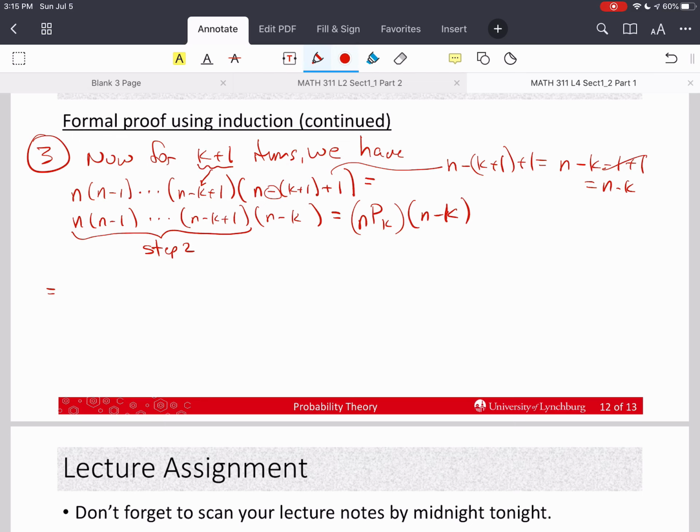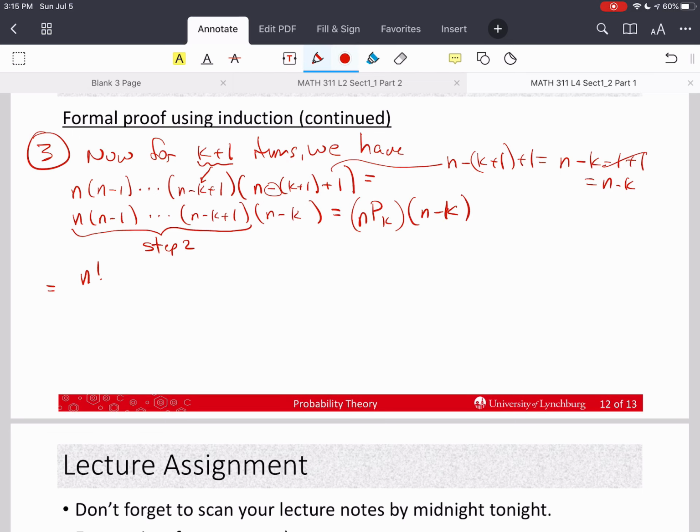So I can write out nPk as n factorial over n minus k factorial, and then times n minus k. So I need to cancel out an n minus k. I can pull out the n minus k here, and then I'm left with n minus k plus 1 factorial.